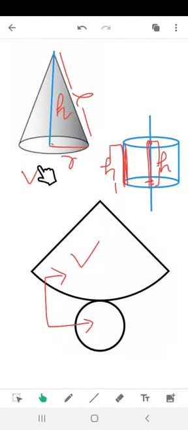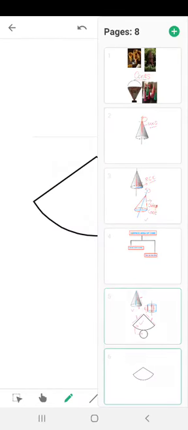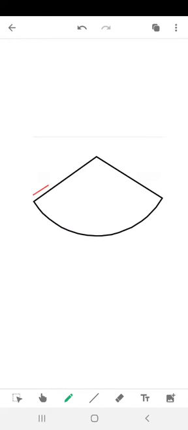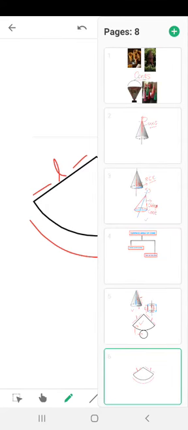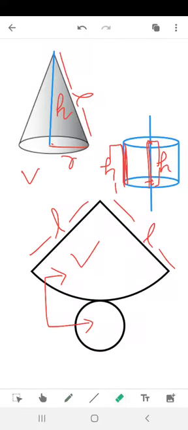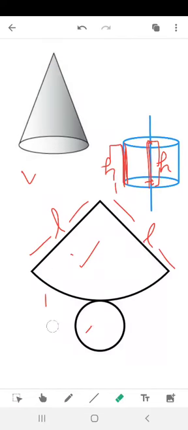Now when I cut open this cone, this particular part is what? This is the slant height. Okay, so this is the slant height. This you have to remember. Now come to this. So I know this is the slant height. Okay, and what is this part? So basically when I had this cone, this part was what?